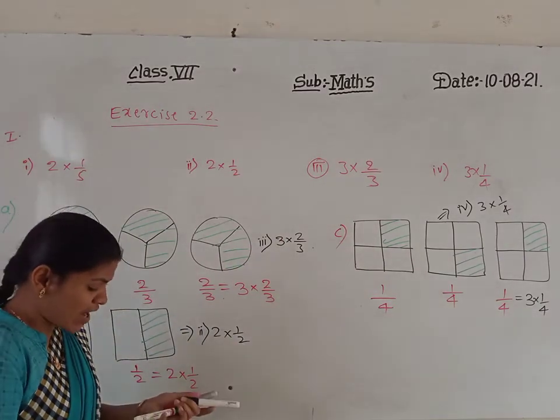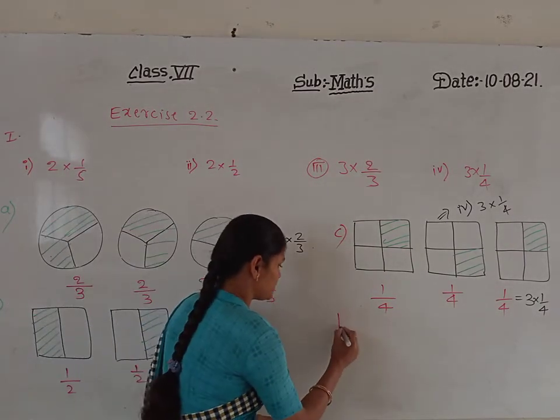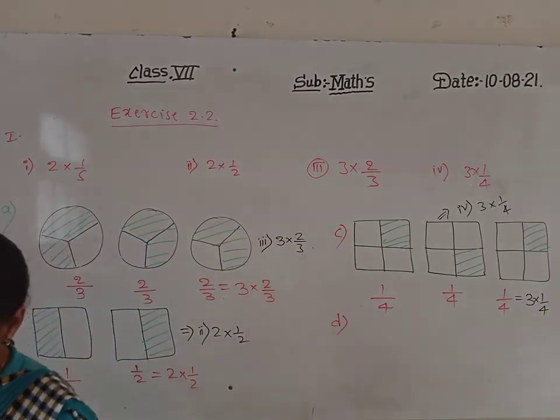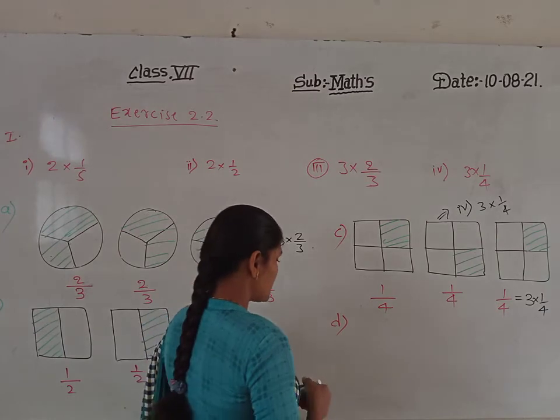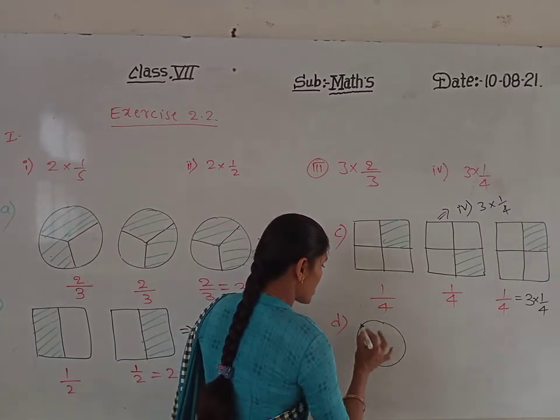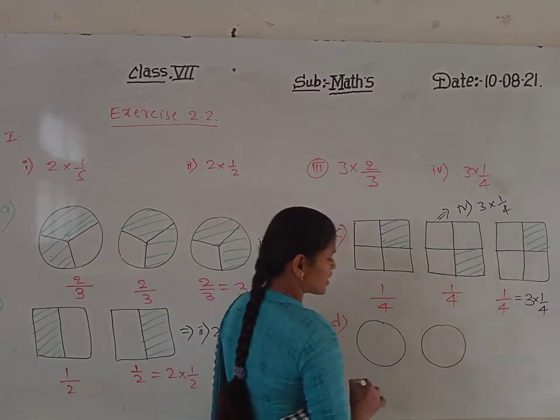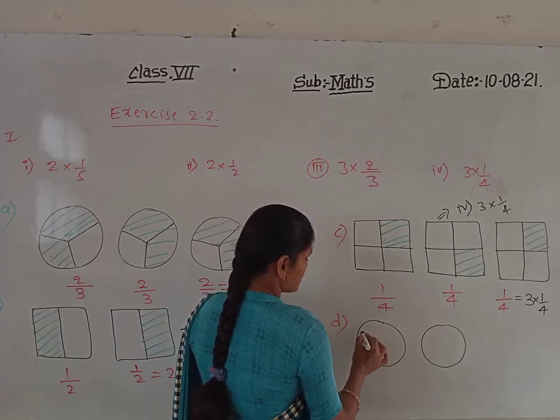So dear student, finally the D one. What is the D question here? There are 2 circles. In each circle there are 5 equal parts.